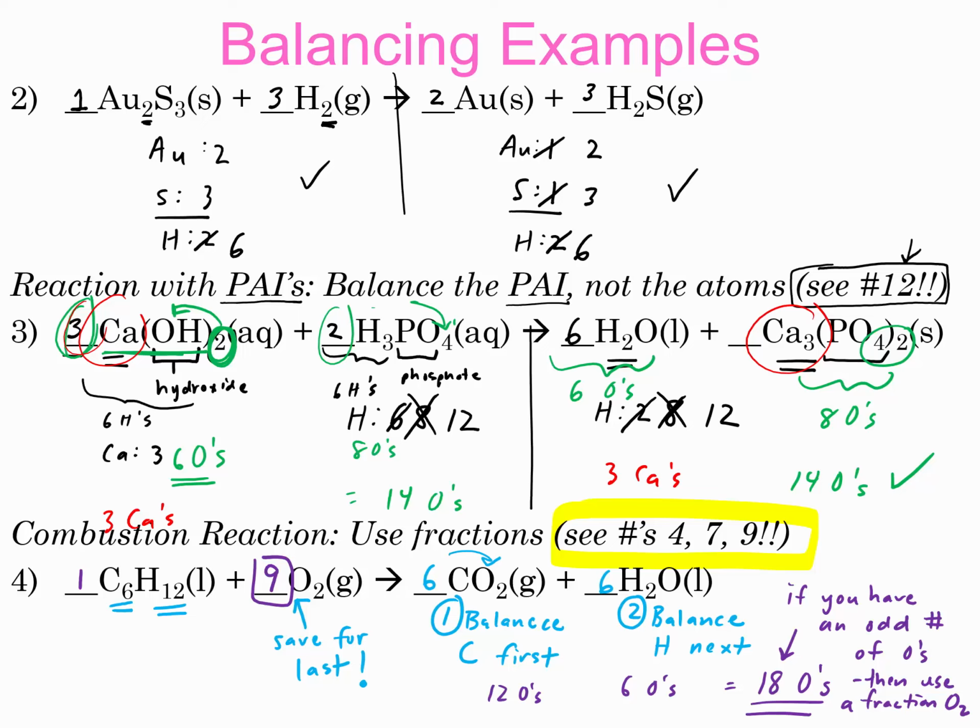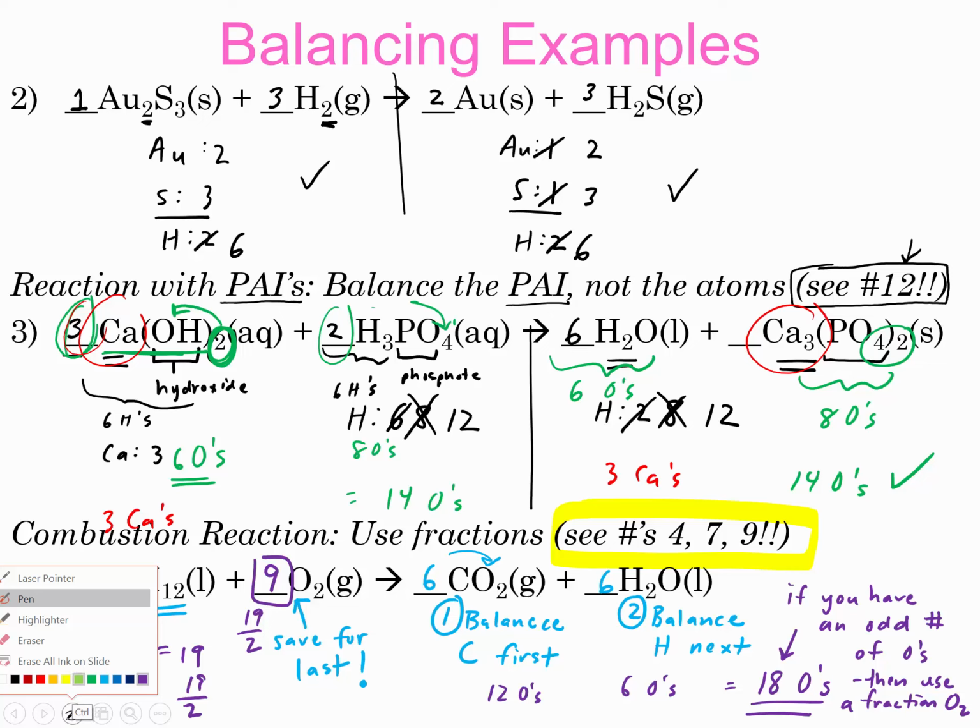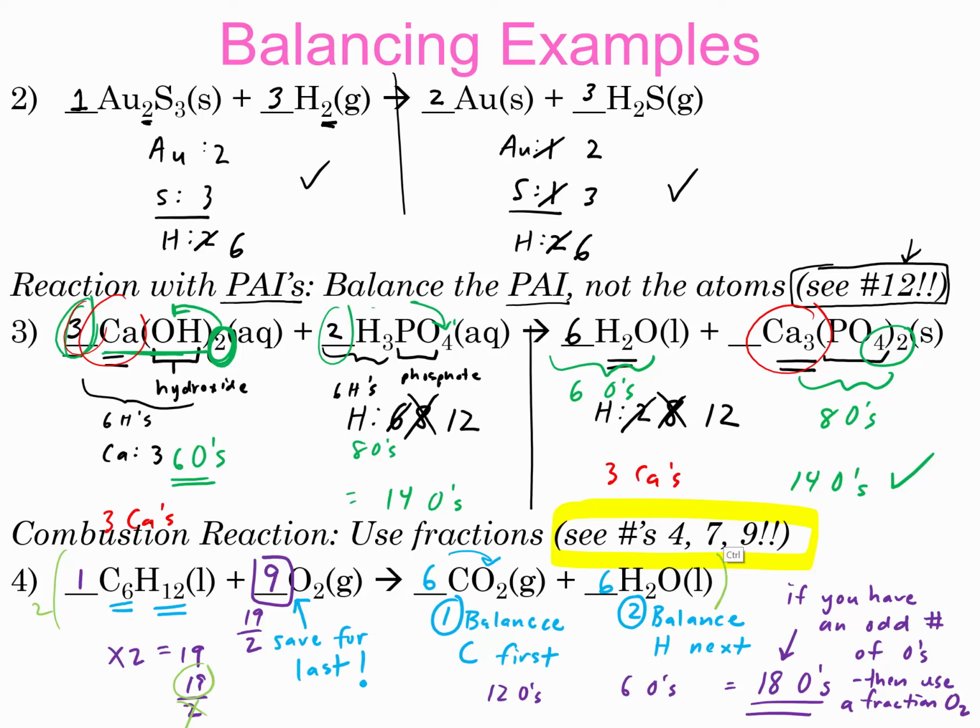You'd have to go, what times 2 gives me 19? So you'll end up with 19 over 2 in that case. So you would put a 19 over 2 here, and then you would multiply the whole entire reaction by 2 to get rid of that fraction. And then that would become 19. We'll look at, I think, one or two of these that may be an example of that. So use a fraction if you end up with an odd number of oxygens there.